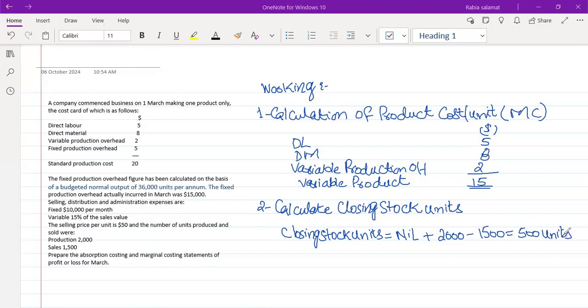Now we will calculate our variable product cost.